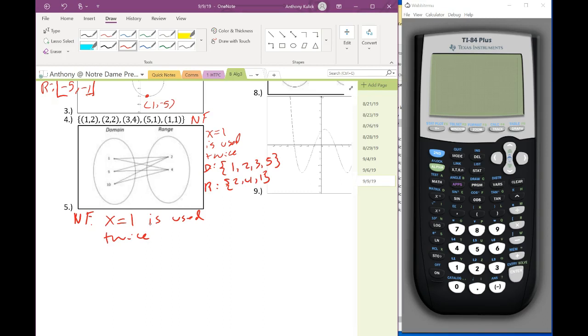Or you could have picked 5 or 10. Any of the x's are used more than once in that specific example. So any x you picked as your example as to why it's not a function would have been fine. And then the domain, well, there's just 3 x's. And there's just 2 y's. So we can just list them using that finite set notation.